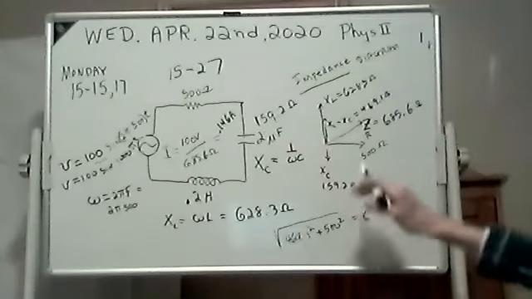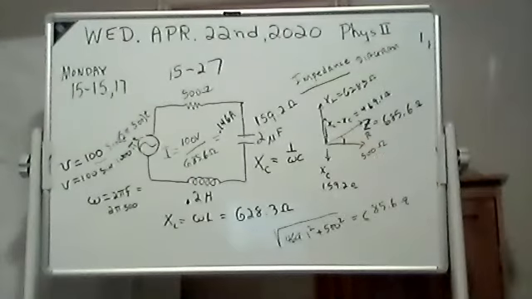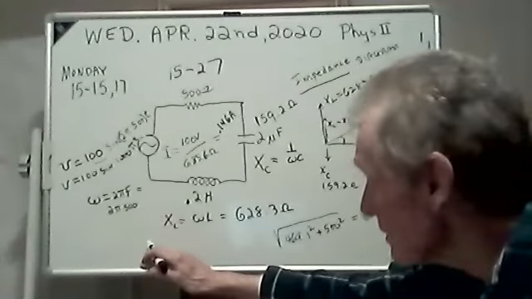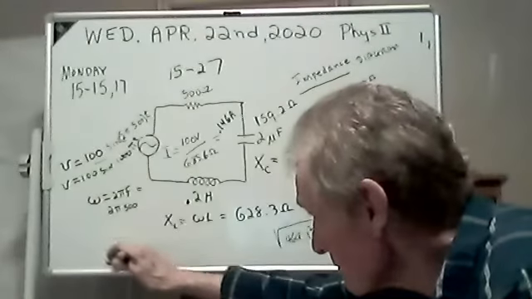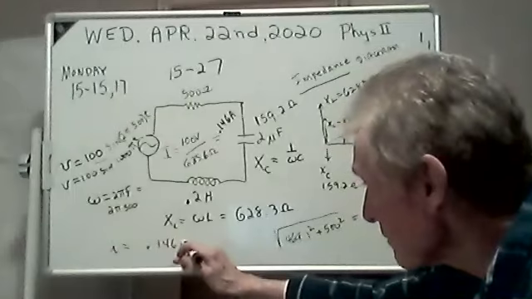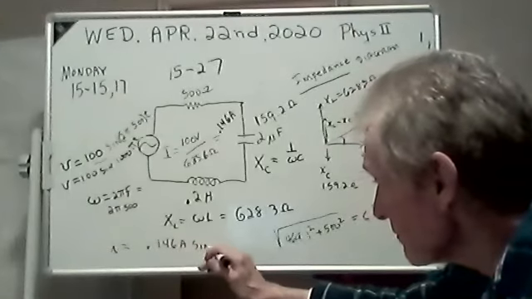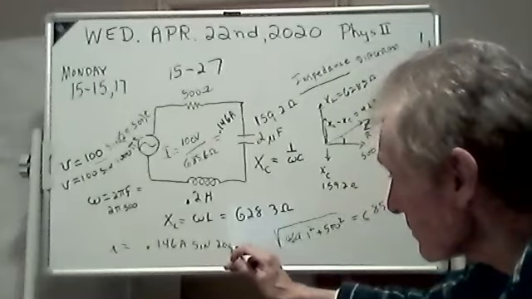We can even get the angle that current's at. We could write the current: the current is 0.146 amps sine of, what is it, 2000 pi?